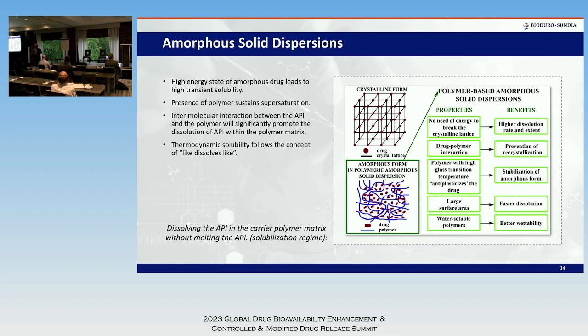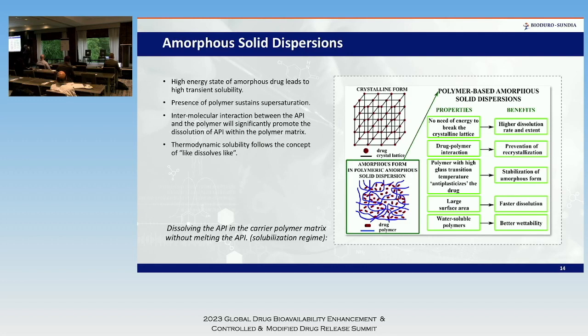Yet what is important to know is that if Tg is the only tool that you are utilizing to stabilize your system, moisture absorption, any kind of change in Tg is going to reduce that Tg, and you are going to have recrystallization.